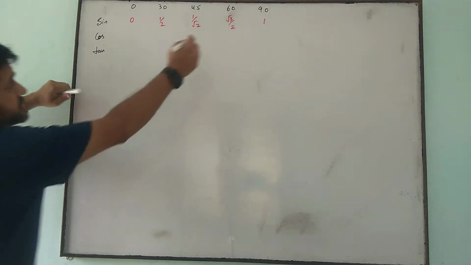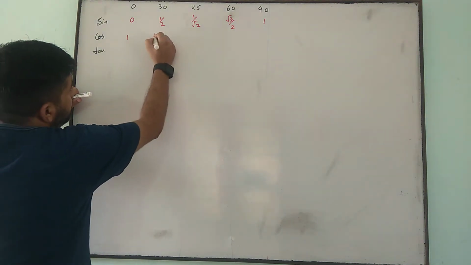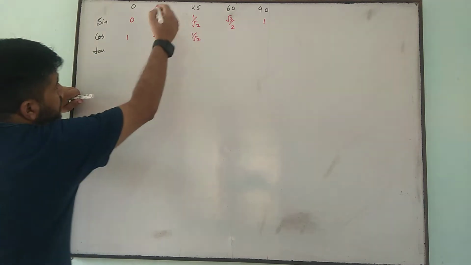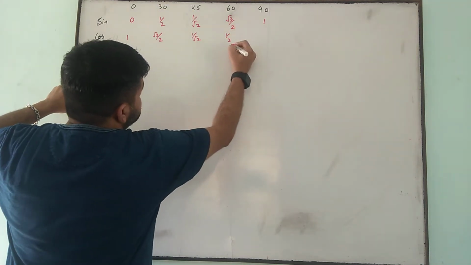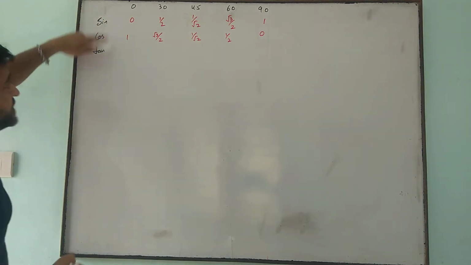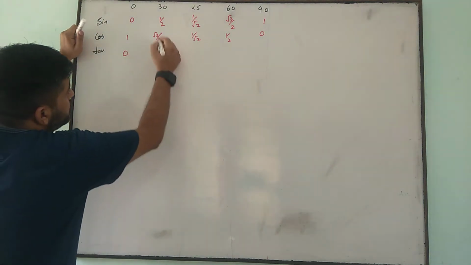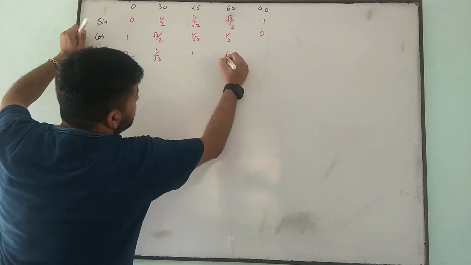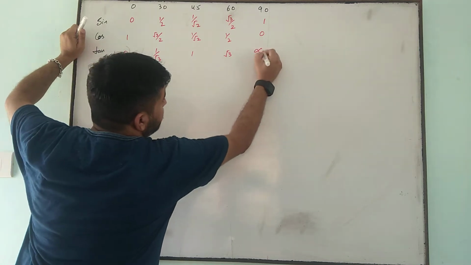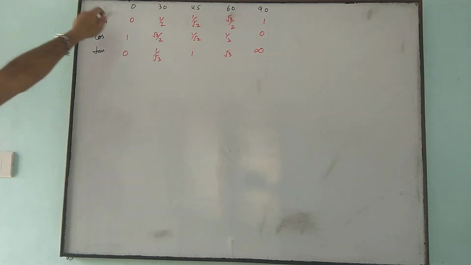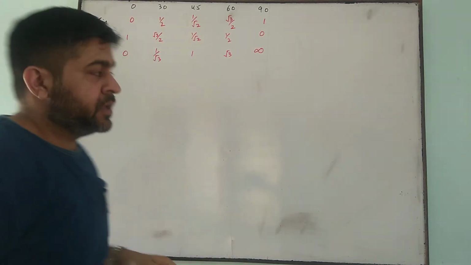Same way cos will start from here, that is 1, root 3 by 2, 1 by root 2, and cos 60 is 1 by 2 and cos 90 will be 0. Tan is sine upon cos, so it is 0, 1 by root 3, 1, root 3 and 1 upon 0, that is infinity. So this way we can form the table from 0 to 90, values we know.